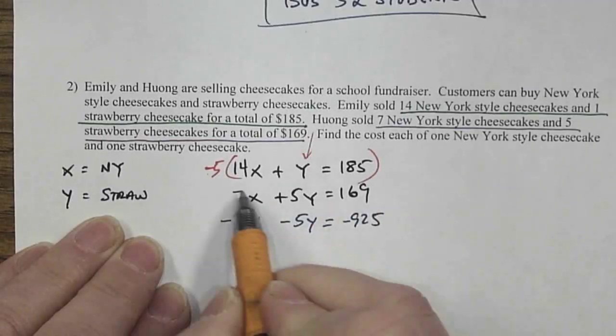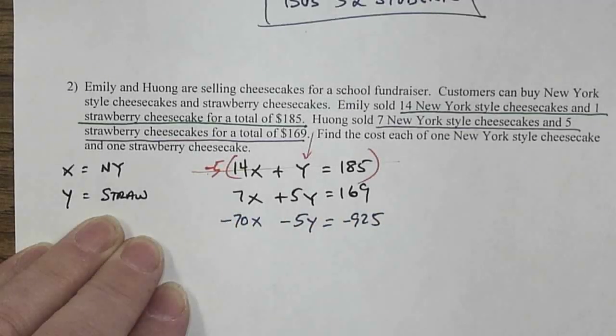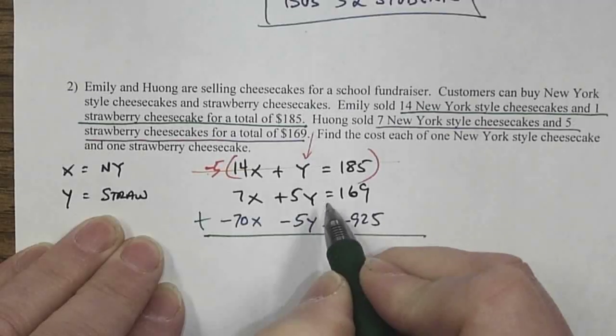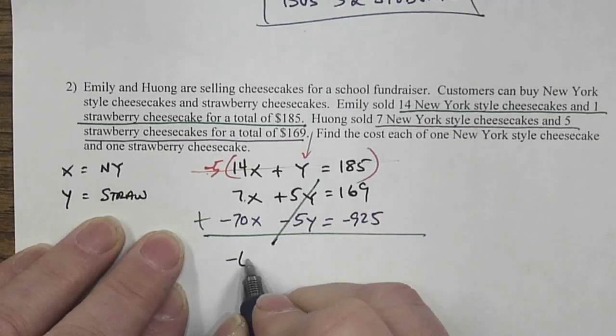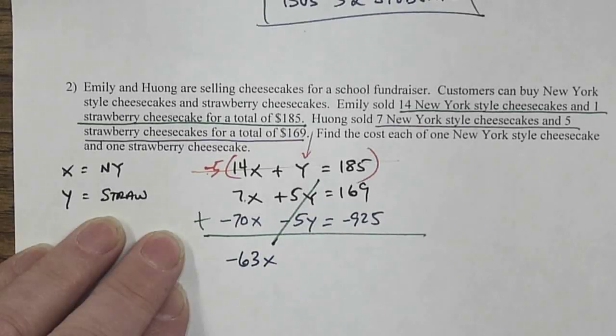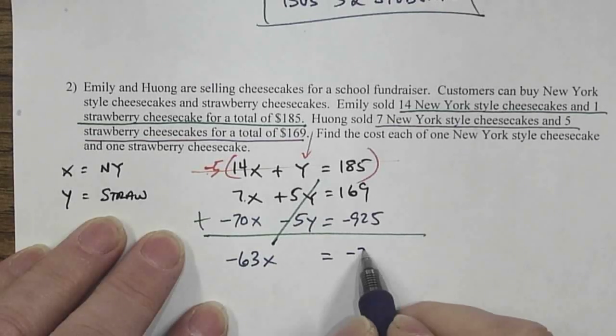Multiplying by 5 gives me that. Let's get rid of that there. Let's add these together. So y's cancel. This will be negative 63x. And let's see, what is 925 and 169? That's 756.